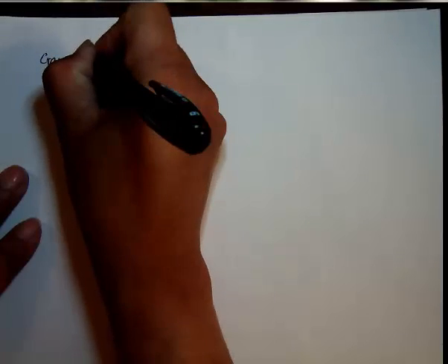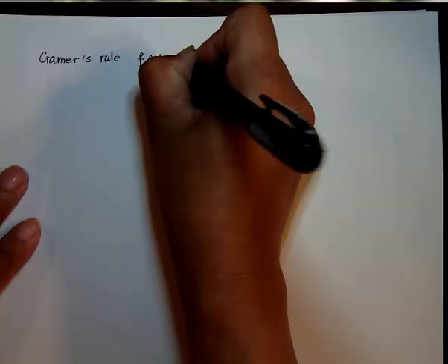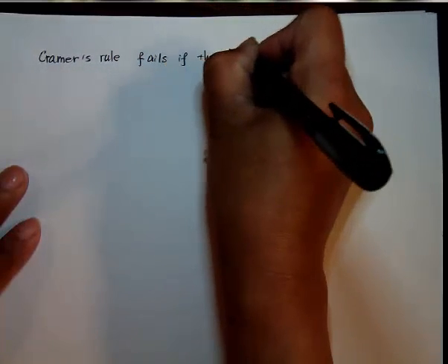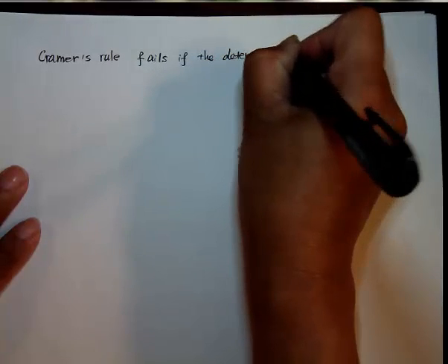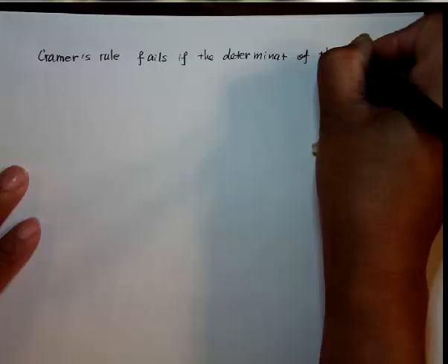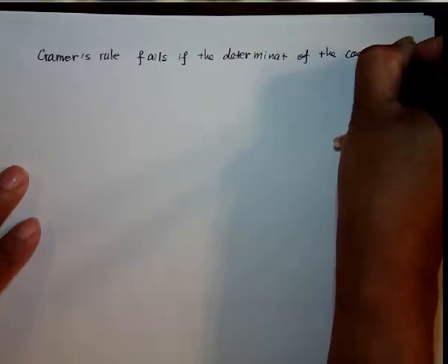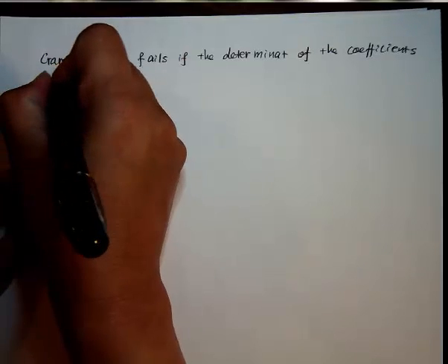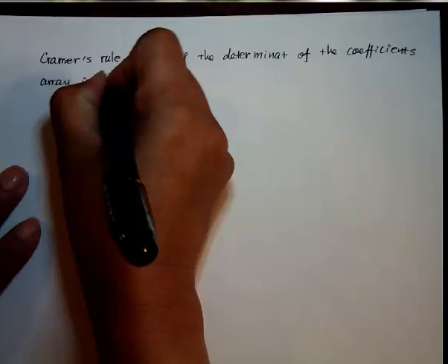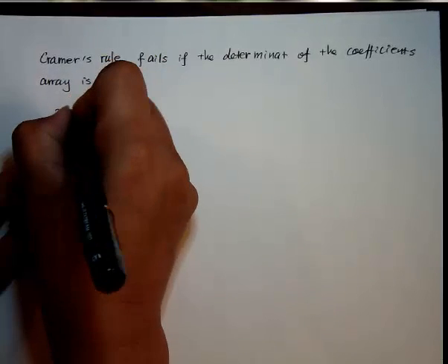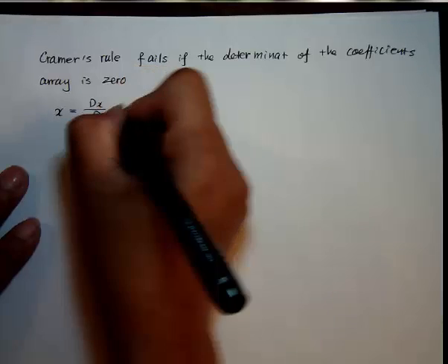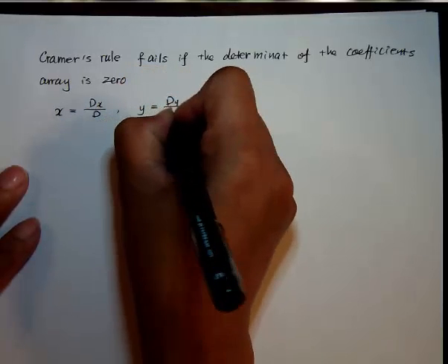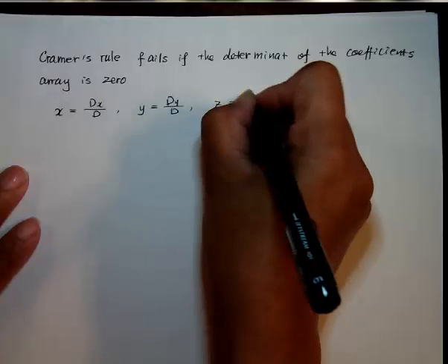So Cramer's rule fails if the determinant of the coefficient array is 0. Remember this: x equals dx over d, y equals dy over d, z equals dz over d.